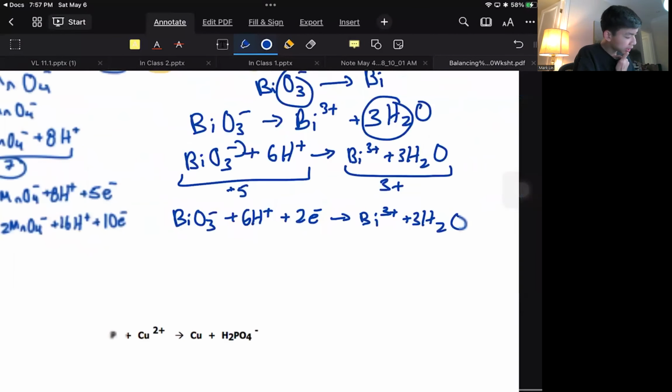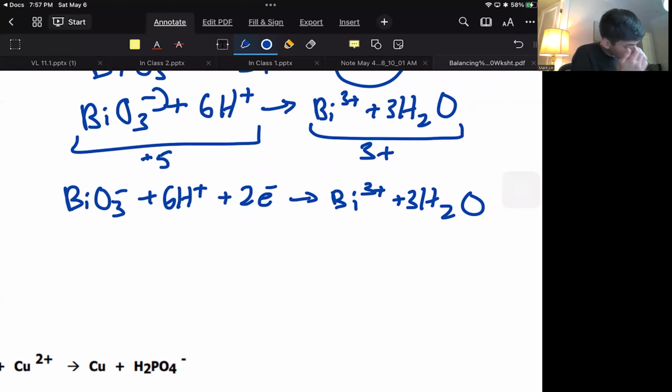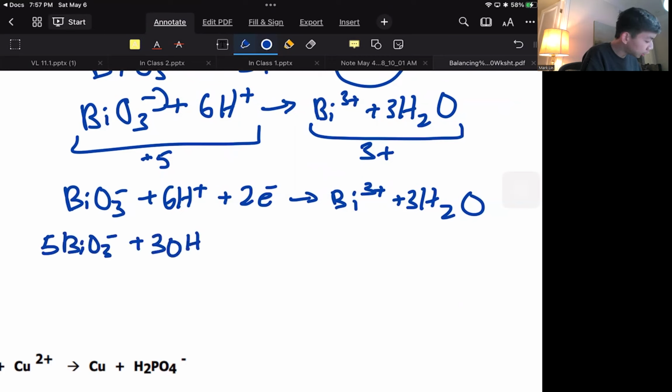However, you have 2, and what times 2 gets to 10? It's 5. So we need to multiply everything by 5. It's going to be 5 BiO3 minus plus 30 hydrogens plus 10 electrons. It's going to give us 5 Bi3 plus 15 H2O.